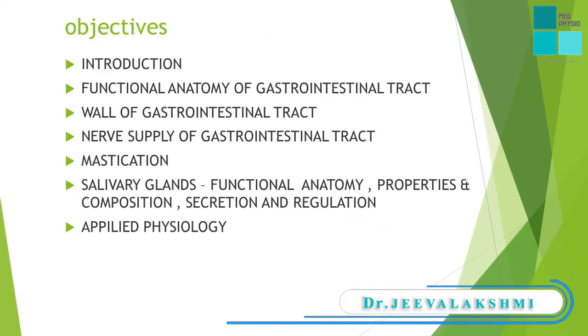The objectives of this section are introduction, functional anatomy of the gastrointestinal tract, wall of the gastrointestinal tract, nerve supply of the gastrointestinal tract, mastication, salivary glands, their functional anatomy, properties and composition, secretion and regulation, and applied physiology.